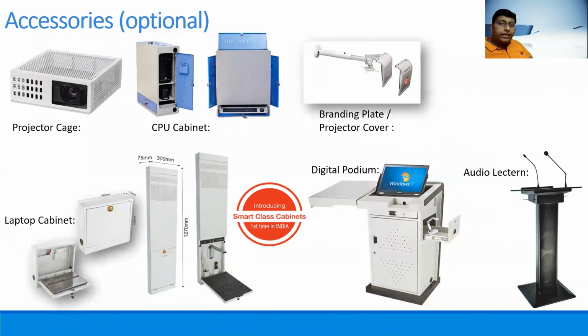Let us see the accessories that are used additionally. So accessories are like a projector cage, then a CPU cabinet, a branding plate, a laptop cabinet, then the smart class cabinet, digital podium, and audio podium.